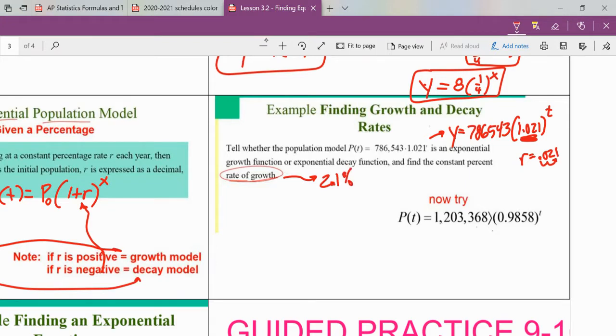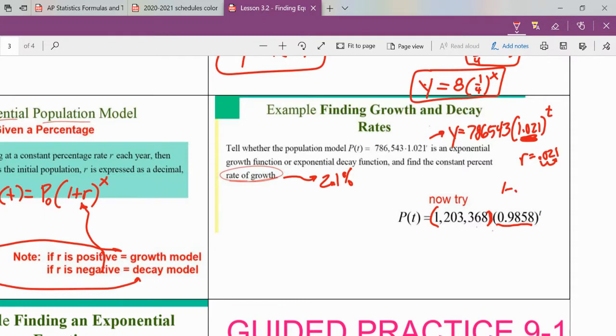If I look at this one, I don't know what that symbol is there. There's our initial value. Here is our b value, so it's below 1. So we have to look at what that r value was.